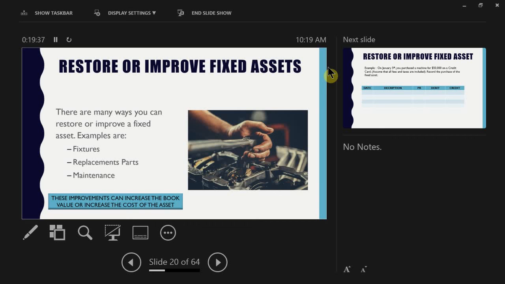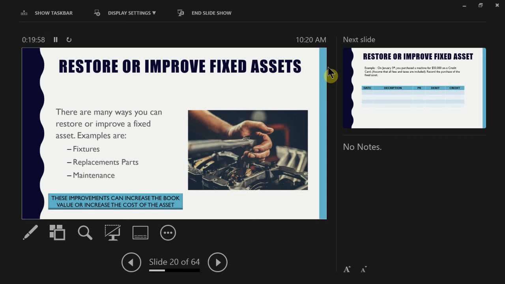Now, what can that do? That could be any fixtures, replacing parts, even going as far as just doing regular maintenance on the actual asset itself, okay? By keeping up and doing this, you are going to be recognizing expenses.